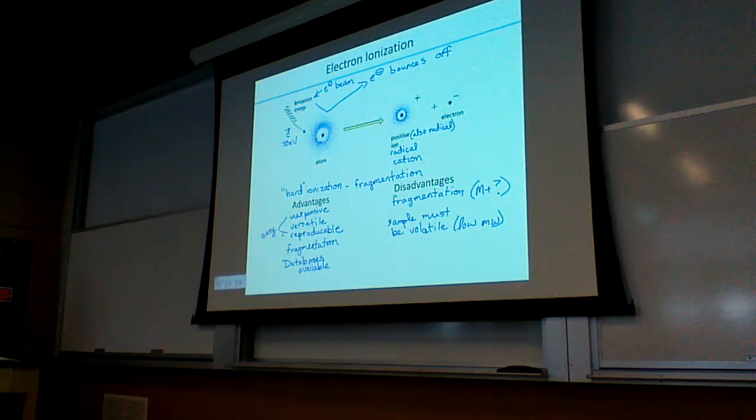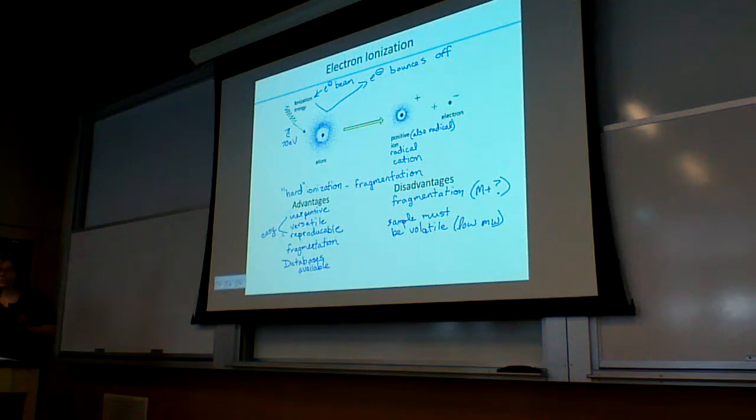And that pairs with our direct insertion probe and with the batch or the membrane, possibly, but not necessarily with some of the other techniques. So this is the most common, it's the one that we use on our mass spectrometer, and it does give you a lot of information.